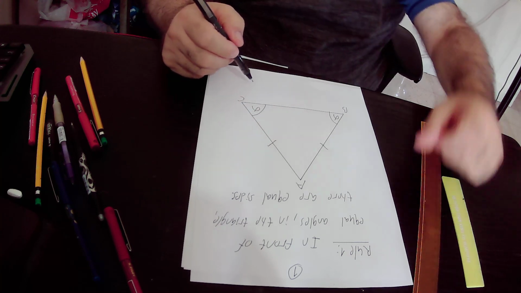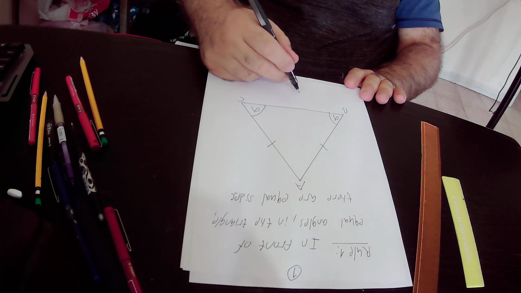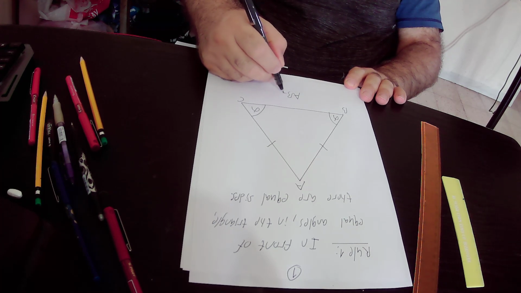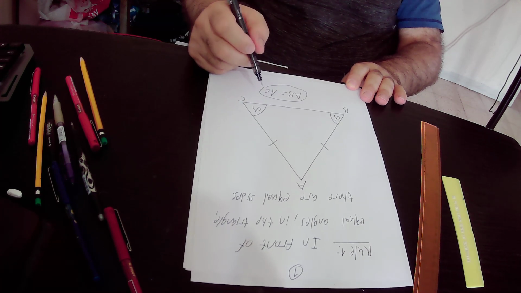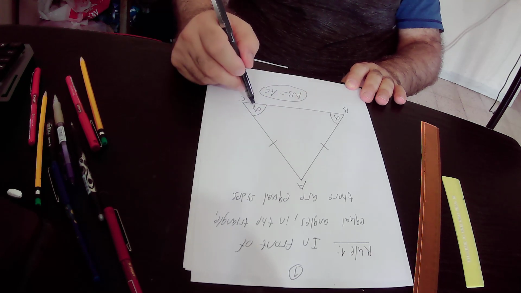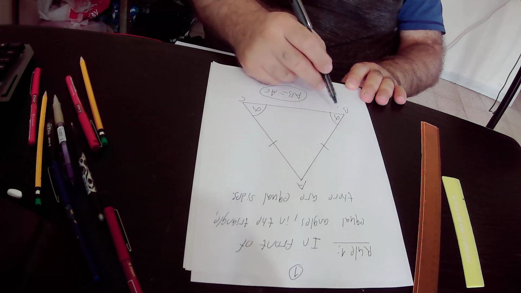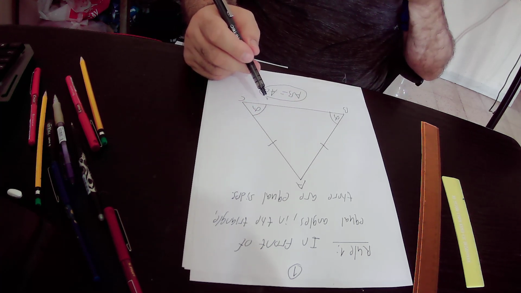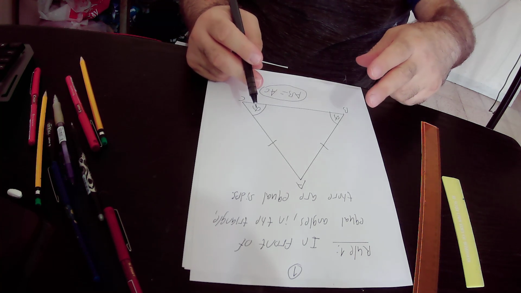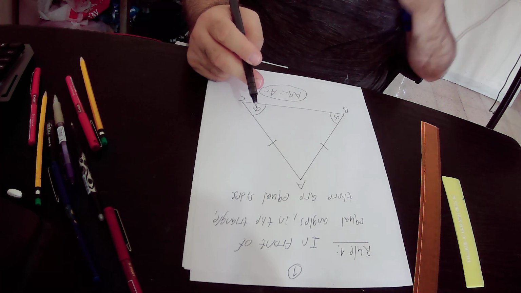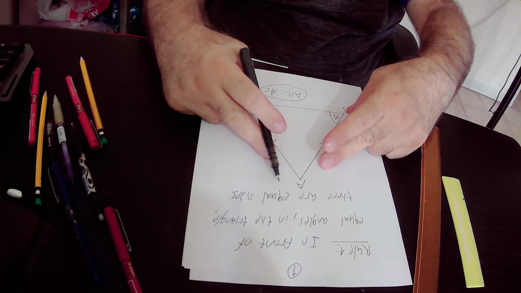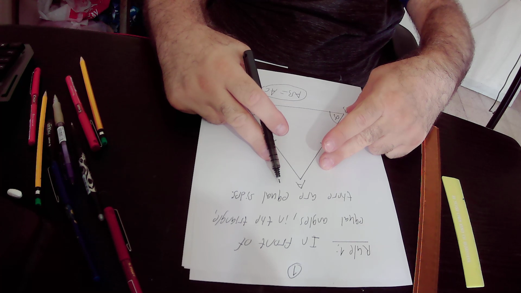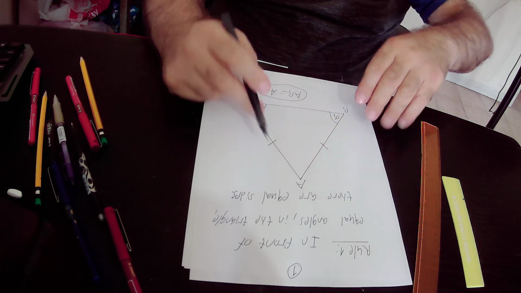According to rule number 1, side AB equals side AC, because the sides that are in front of equal angles are also equal between them.